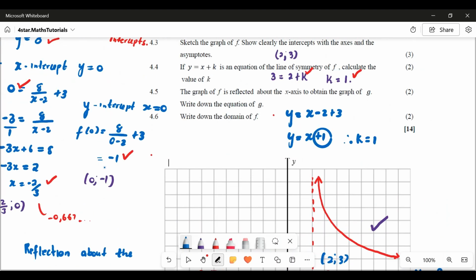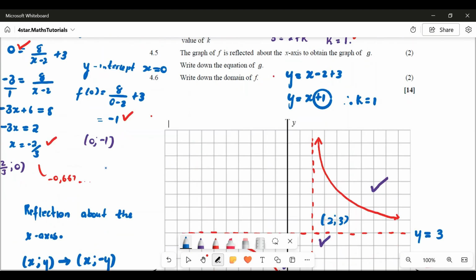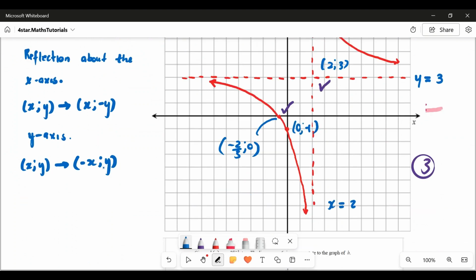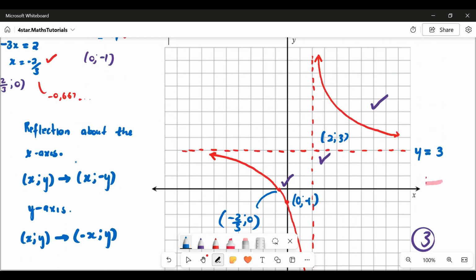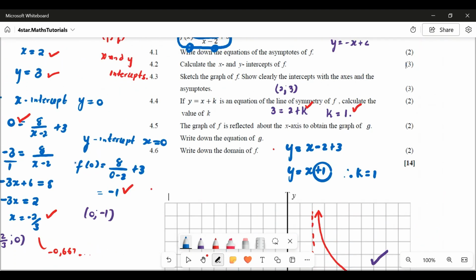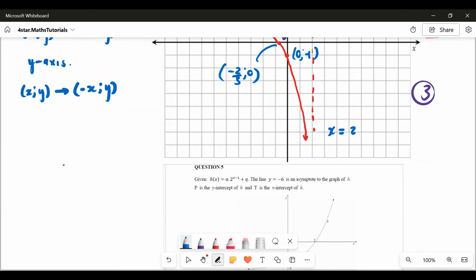We are saying we need to reflect f. f is reflected about the x-axis to obtain the graph of g. Write down the equation of g. So we must have the equation of f first. Let's write the equation of f, 4.5. Remember, f at x is equals to 8 over x minus 2 plus 3.